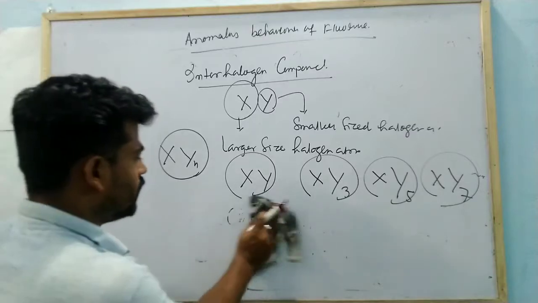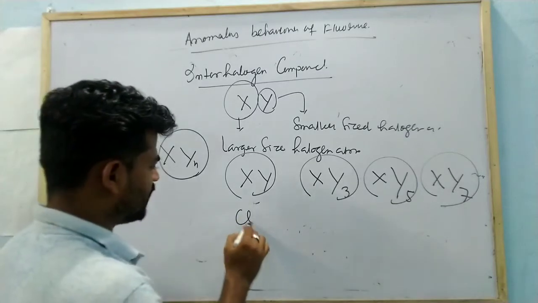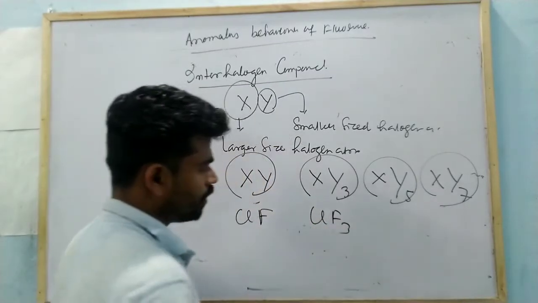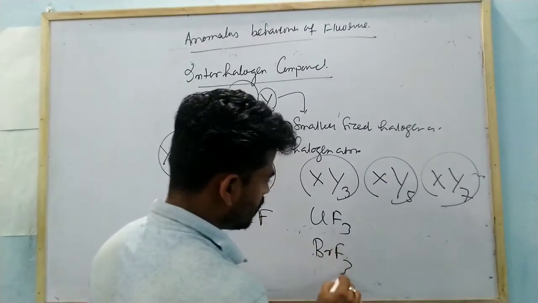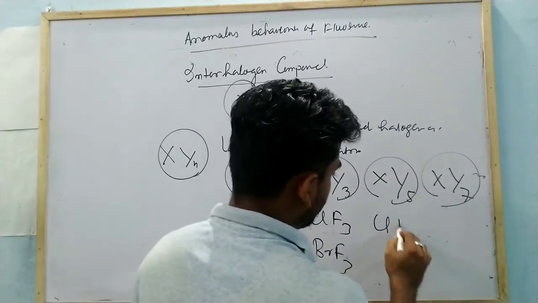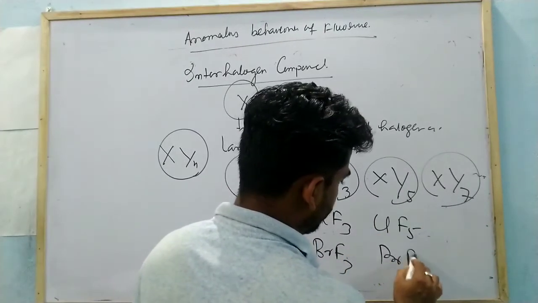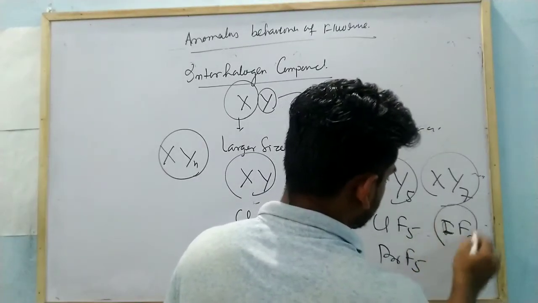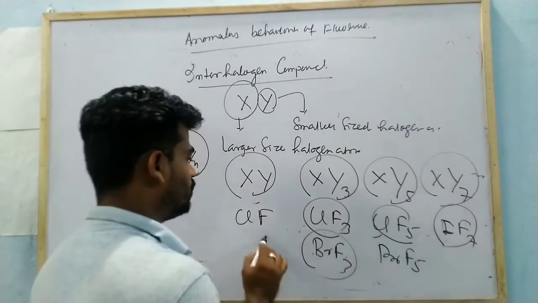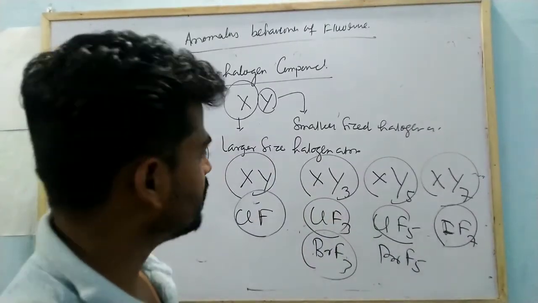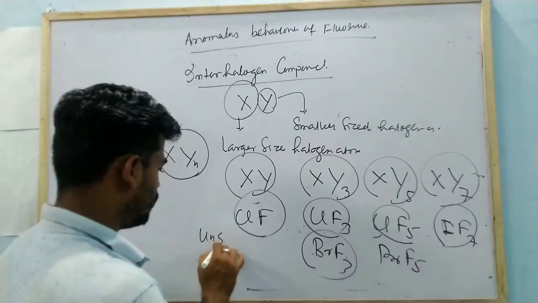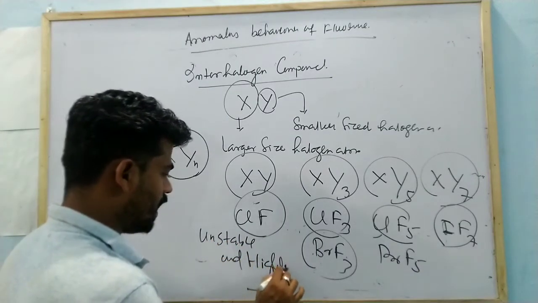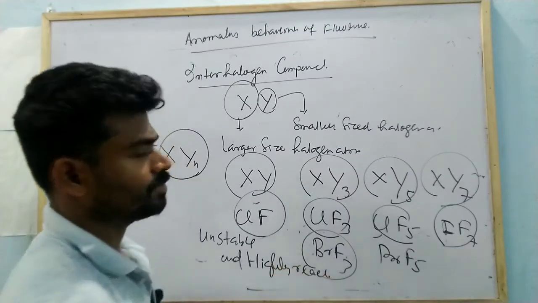Examples of interhalogen compounds are ClF, ClF3, BrF3, ClF5, BrF5, IF7. These are unstable and highly reactive.